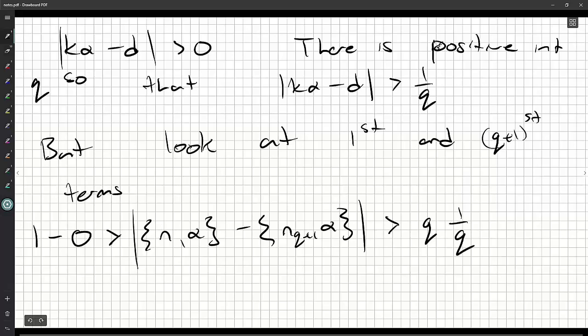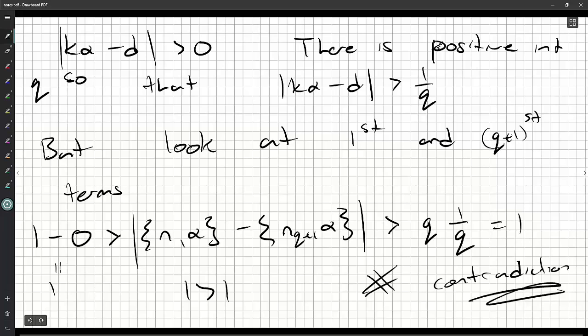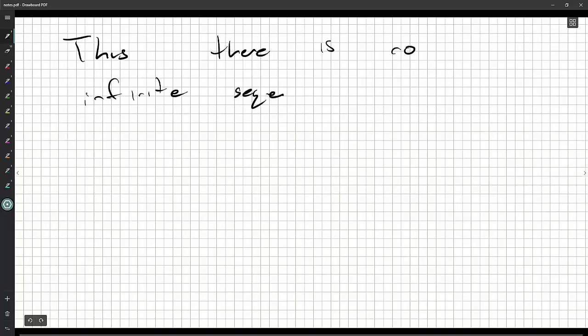We can even bump this up to the q plus second term, so this is equal to 1, and we've got 1 greater than 1. This is a contradiction. So our original assumption is false: there is no infinite arithmetic sequence of these terms.